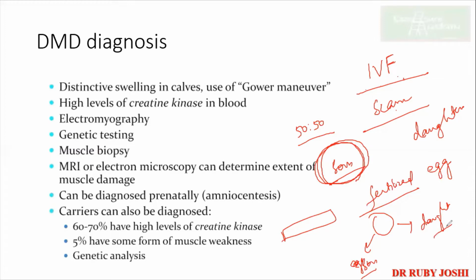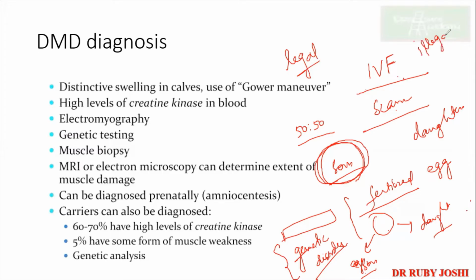Now, what the scam was: they said that before implanting into the uterus of the mother, they check the fertilized egg for all the genetic disorders. Now, checking for genetic disorders is legal. To identify whether it's a daughter or son is illegal. Correct.